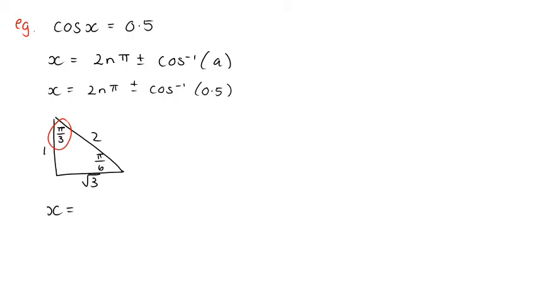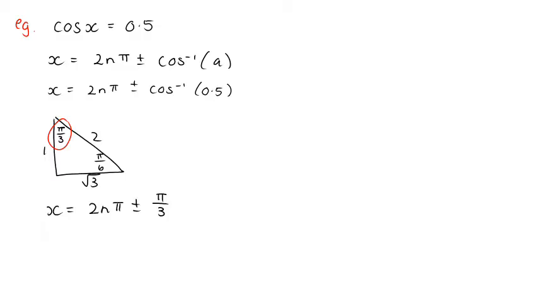How did we figure out it's pi on 3? You say for what angle, pi on 3 or pi on 6, gives us 1/2 when it's adjacent over hypotenuse, because cosine is adjacent over hypotenuse. So then all we have to do is change that bit of the formula. We've changed inverse cosine 0.5 into pi on 3, because that's the solution.